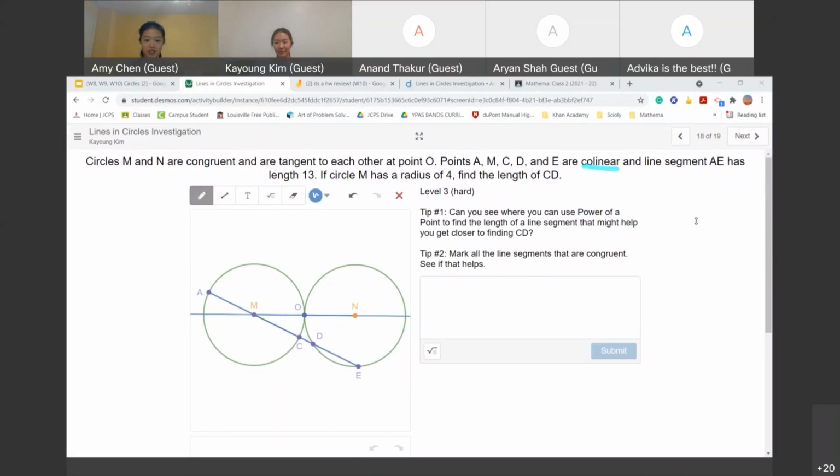Yes, that's correct. It just means they're lying on a line. So points A, M, C, D, and E are on a line, and line segment AE has length 13. If circle M has a radius of 4, then find the length of CD.